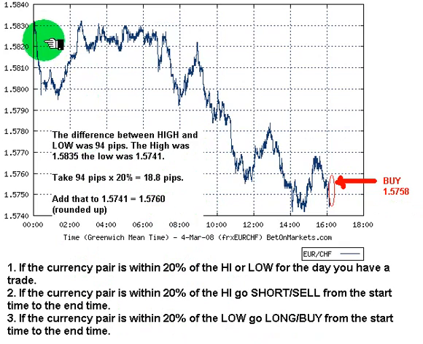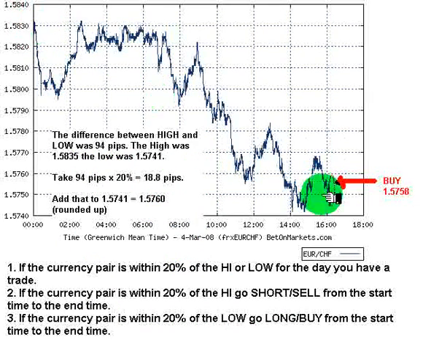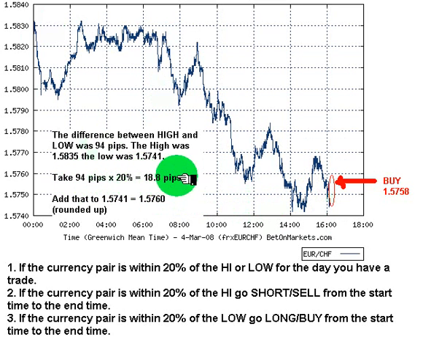But I just want to be clear that from the high to the low comes your 94 pips on this particular trade. You take that number, times it by 20%, and it has to be within this final number from the high or the low for you to get a trade.